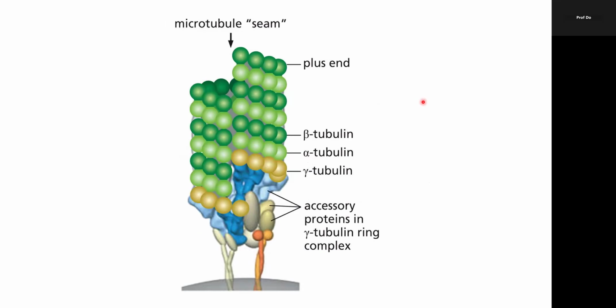This base foundation is where our accessory proteins and your gamma tubulin subunits are going to be found. Notice there's beta tubulin, there's alpha tubulin, but there's also gamma tubulin, which is that foundational layer that can be created ahead of time before we start building the microtubules.